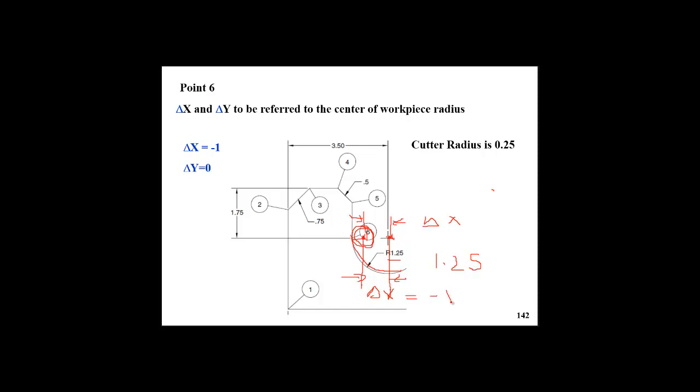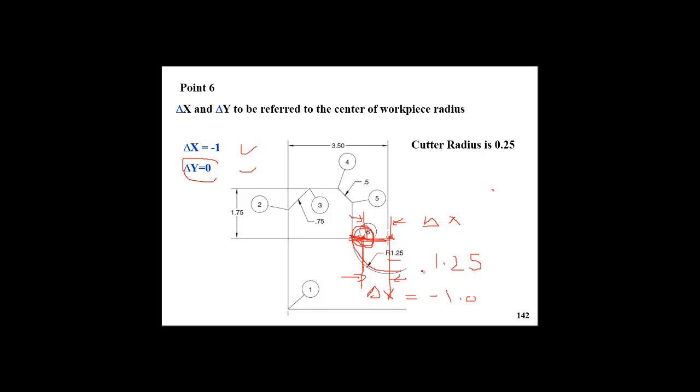How do we get that? This is 1.25 minus the cutter radius, so that is dx minus 1. What about dy? dy again equals 0. So we can use these figures if we refer the cutter location to the center of curvature of the workpiece.